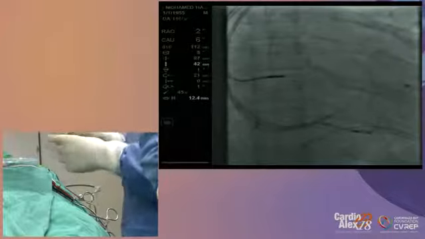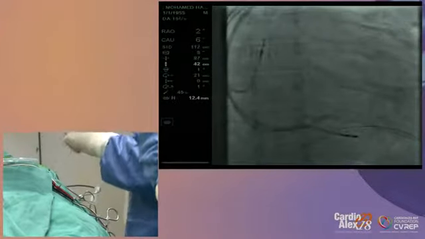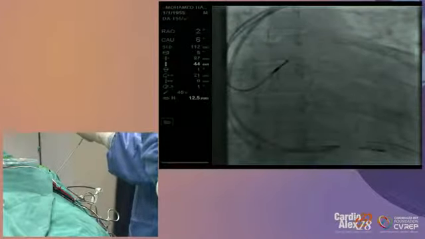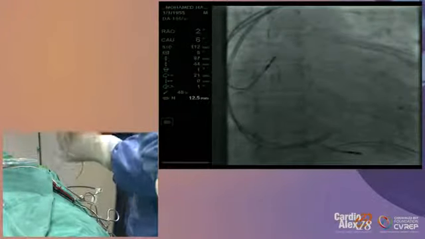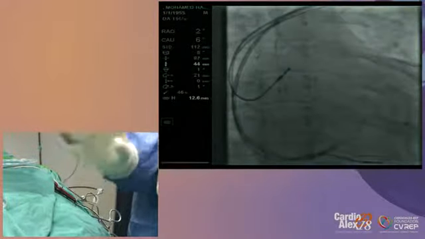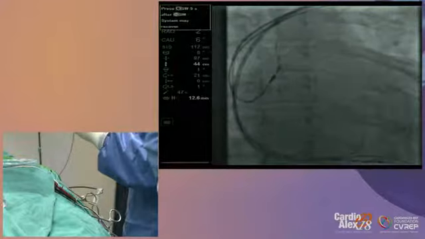There you go. That's nice. You see the very typical motion of the atrial lead there. This is a typical move suggesting it's in the appendage. It almost looks like the wipers of a car windscreen, back and forth.